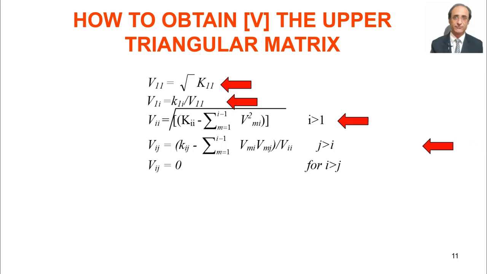And then all the diagonal terms. And then all the remaining terms, they are given by this equation. So like this, through all these steps we get the complete matrix. And v_ij equals 0 when i is greater than j. What does it mean? It is giving us the upper triangular matrix. So in the lower triangle, all the terms are 0.